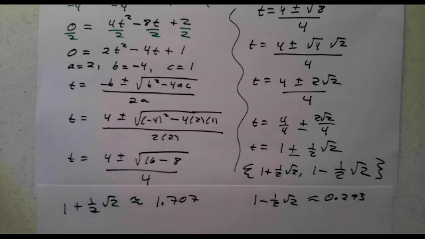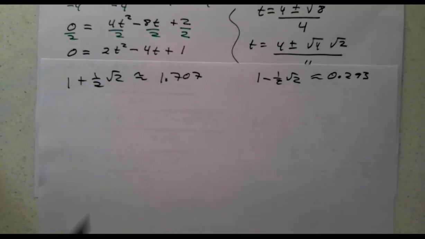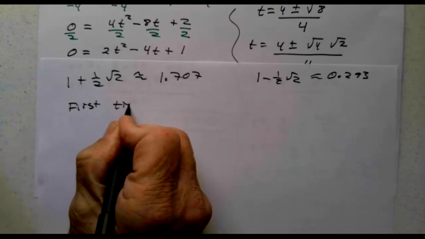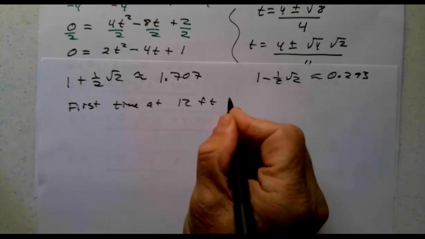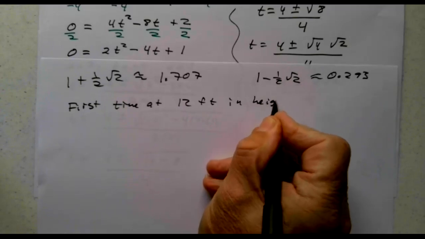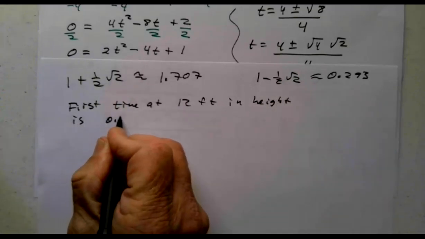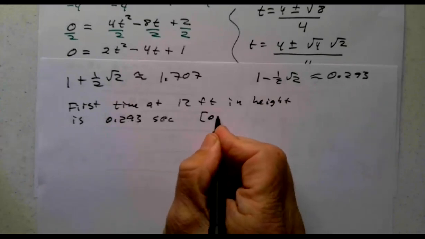Now the question asked, how many seconds must elapse before it's at 12 feet? So the first time it's at 12 feet in height is about 0.293 seconds. That's on the way up, right?